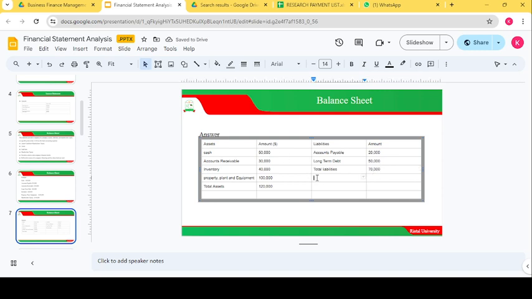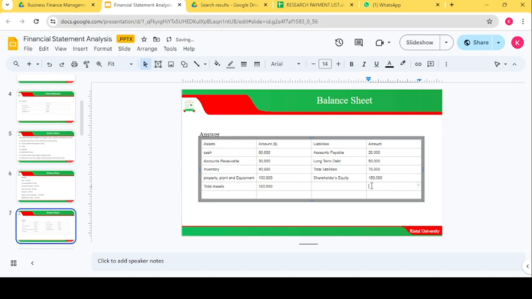So let's calculate our shareholders' equity, which we are given as 150.